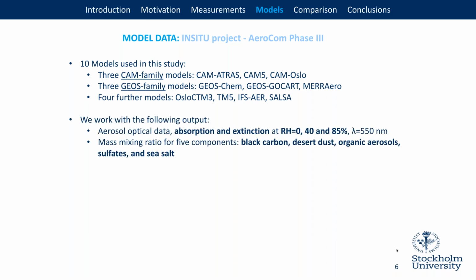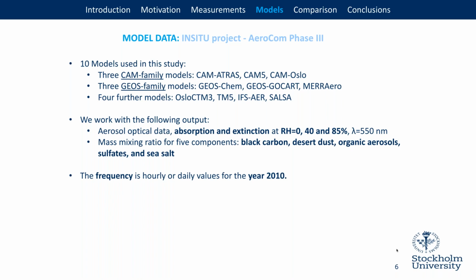From these models, we got the absorption and extinction coefficients at different relative humidities, and for us the important ones are 0, 40, and 85, for the green wavelength. We also had the mass mixing ratio for 5 components: black carbon, desert dust, organic aerosols, sulfates, and sea salt. And for some models, we also had nitrates and ammonium. We will see that in a few moments.